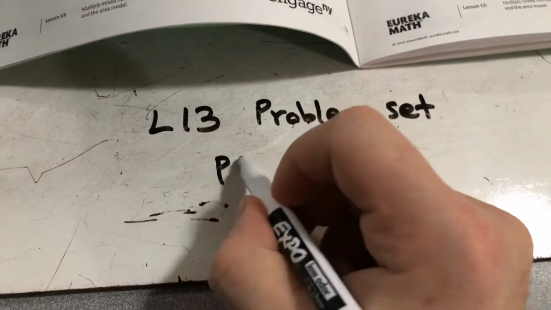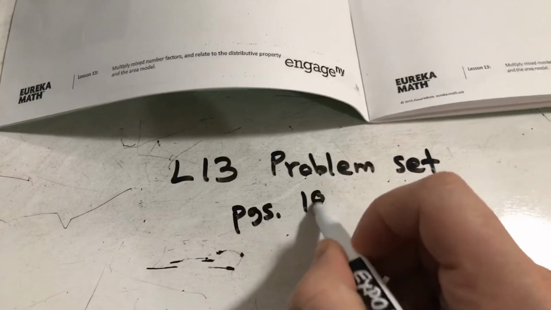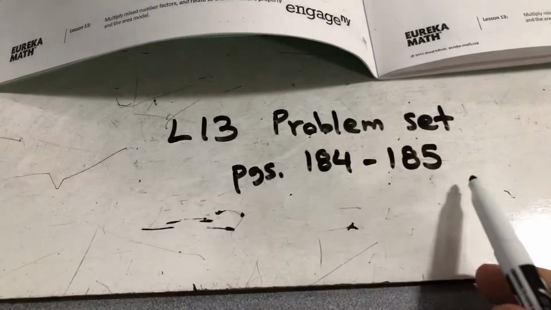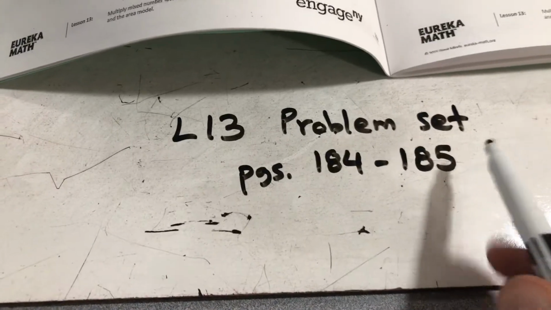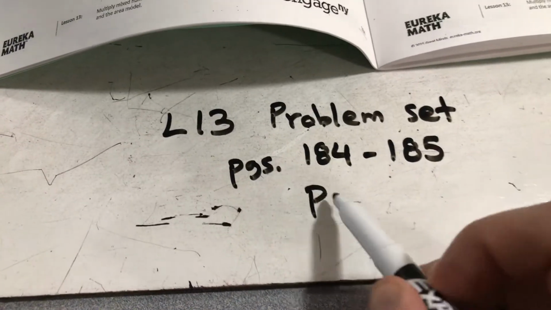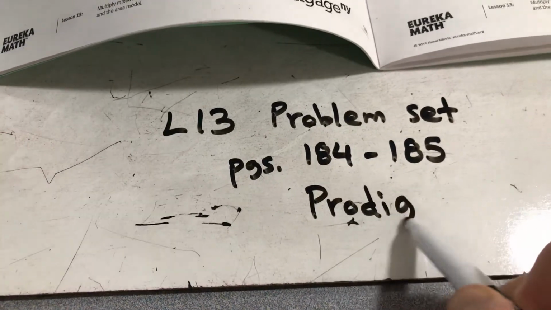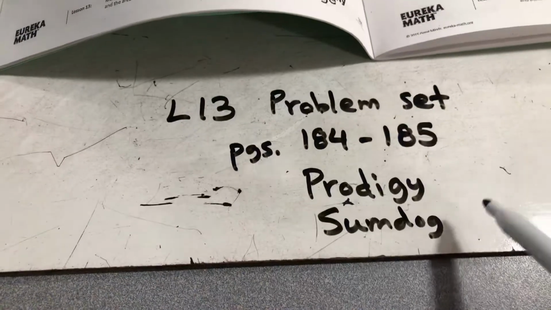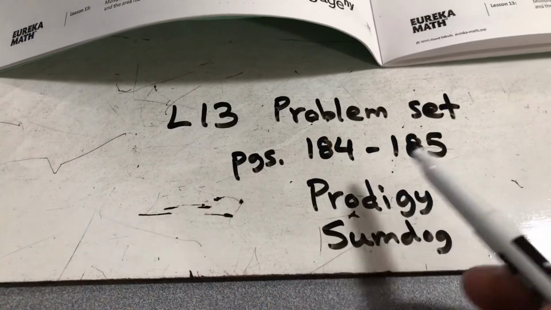There we go. Pages 184 and 185. This is your lesson for your homework I'd like you to do after the math video. And once you're done with that, go on Prodigy. Have some fun on Prodigy today and go on Sumdog. So for some relaxing fun over the weekend.